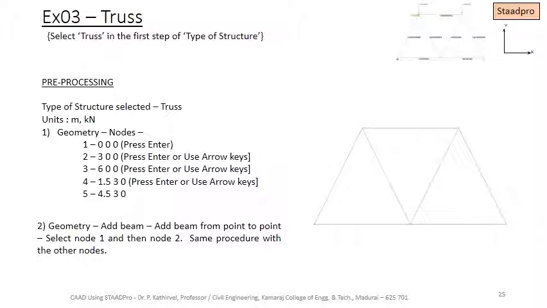So you'll be getting 5 nodes, and then the second step is to establish the members between them. So under geometry menu, click add beam from point to point, select nodes 1 and 2, you get the first member established. Same procedure is adopted with the other nodes by which the length of all the members are arrived.